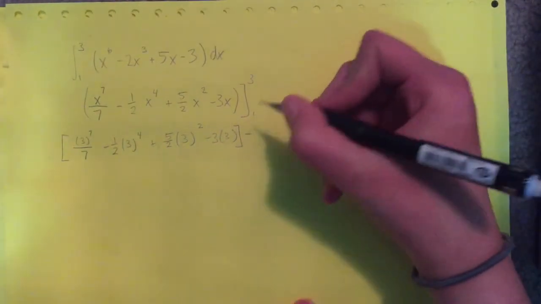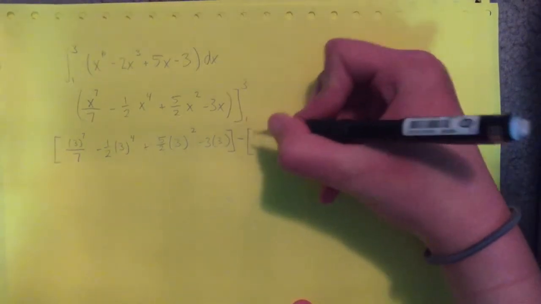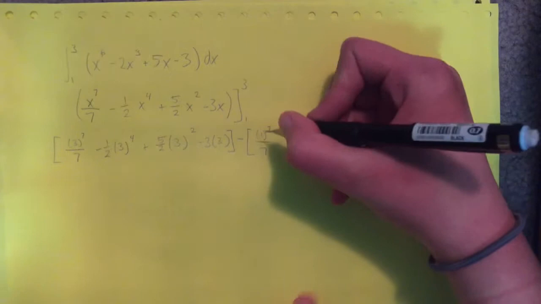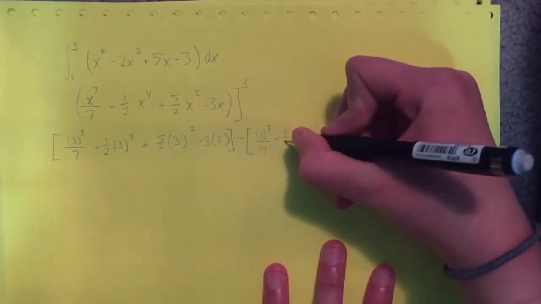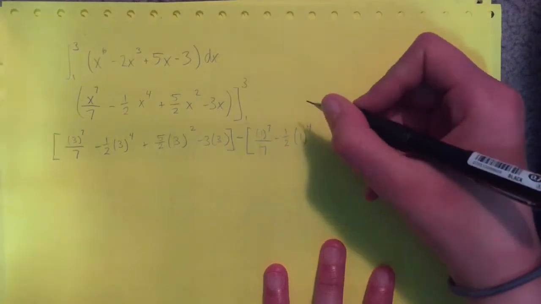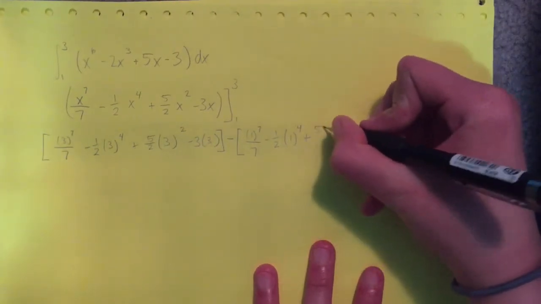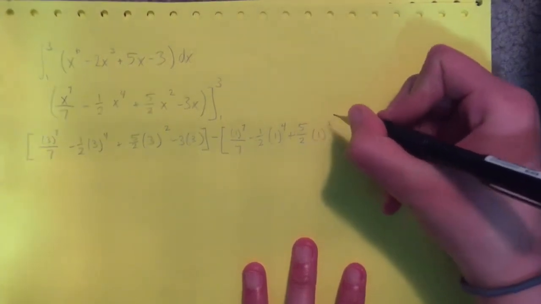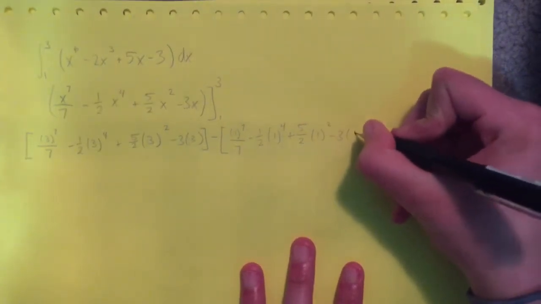Now, you're going to want to plug in 1. It's going to be very long. So 1 to the 7th over 7 minus 1/2 times 1 to the 4th plus 5/2 times 1 squared minus 3 times 1.